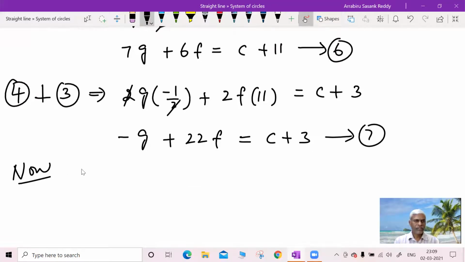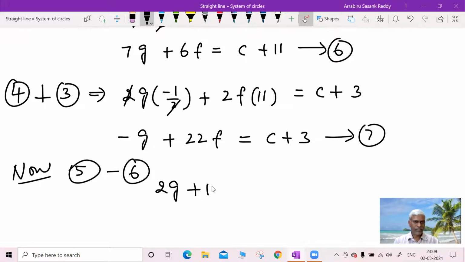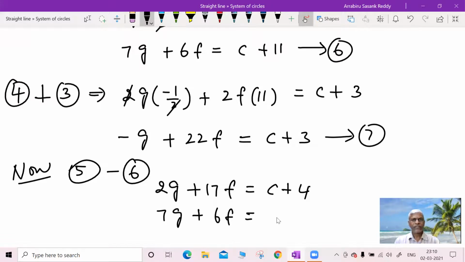Now equation 5 minus equation 6. The fifth equation, 2G plus 17F is equal to C plus 4, and the sixth equation, 7G plus 6F is equal to C plus 11.